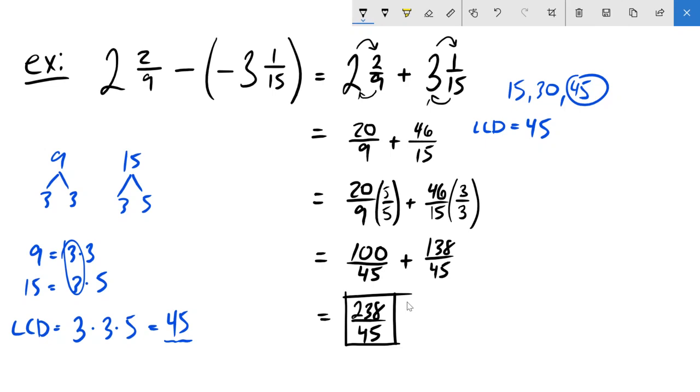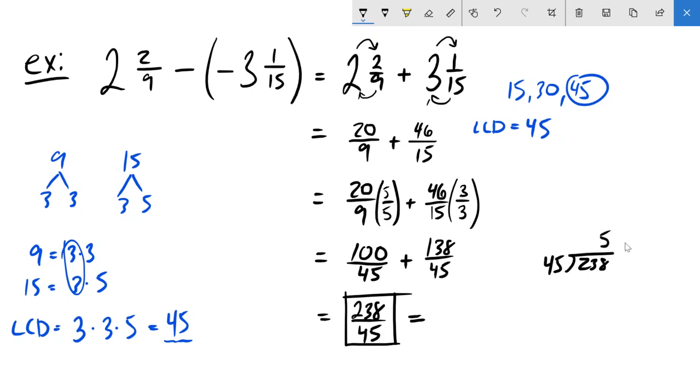So if you wanted to convert it to a mixed number, what do you got to do? You pull out your calculator and see, because what is 238 divided by 45? 5.288. It's like 5 and some change, right? If you wanted to turn it into a mixed number, you have to just figure out what the remainder is, right? So it looks like 45 goes into 238 5 times.